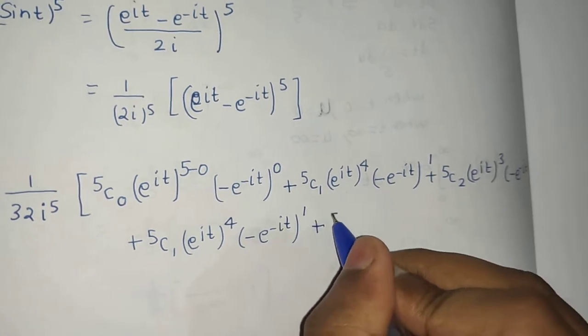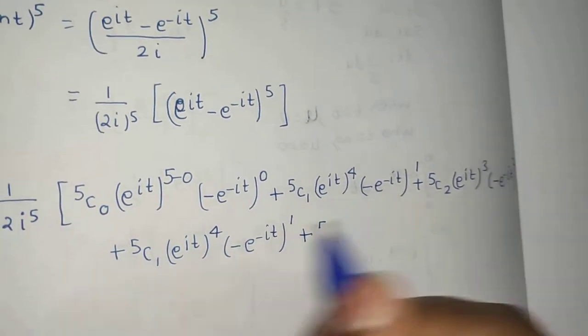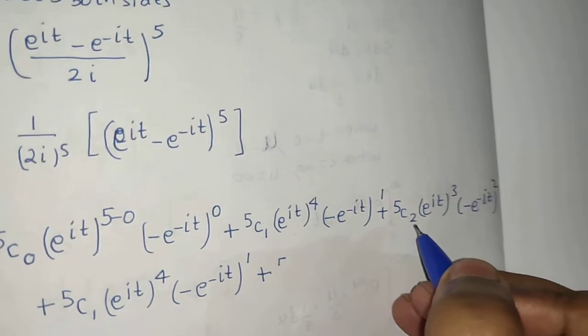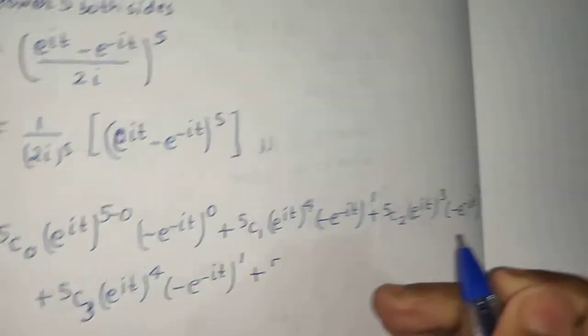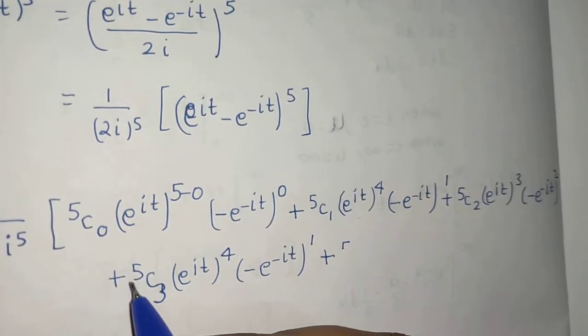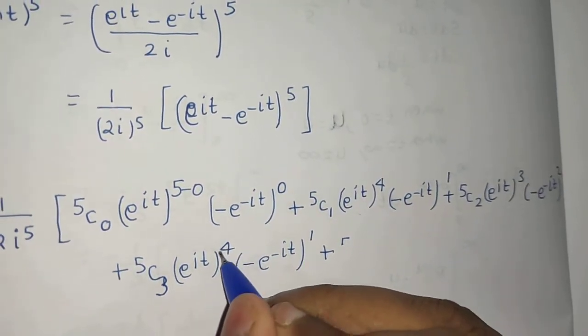And finally, we'll have 5c3 here. Extremely sorry for that. 5c3, so 5 minus 3 is 2.